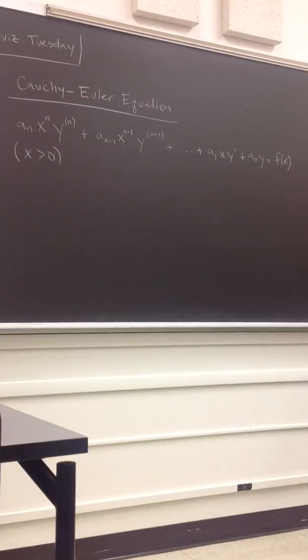So the strategy that we're going to use is much like the strategy that we use for constant coefficients. What is the strategy that we use for constant coefficient equations?